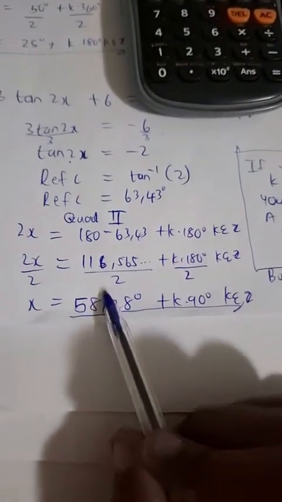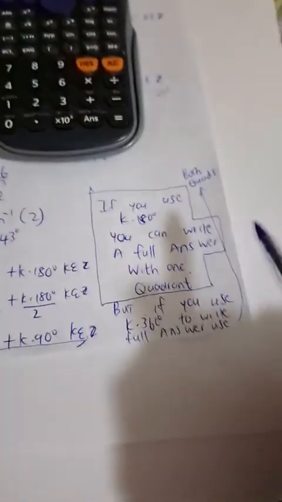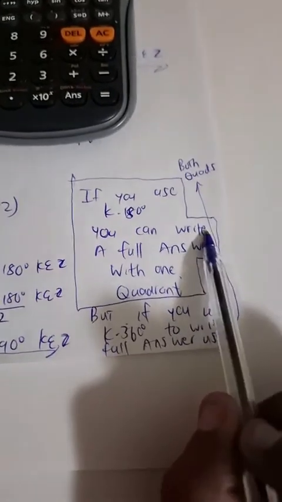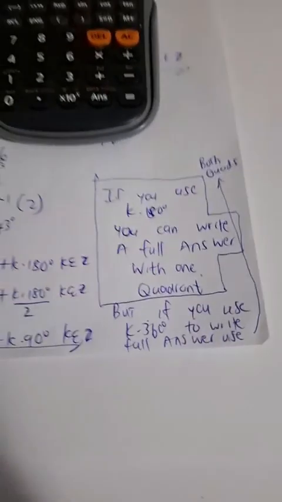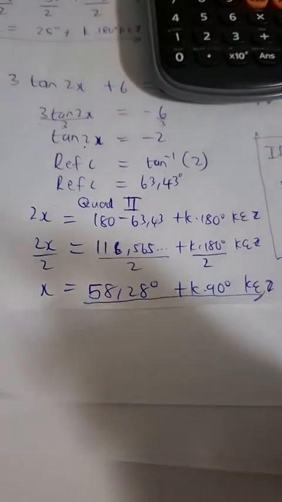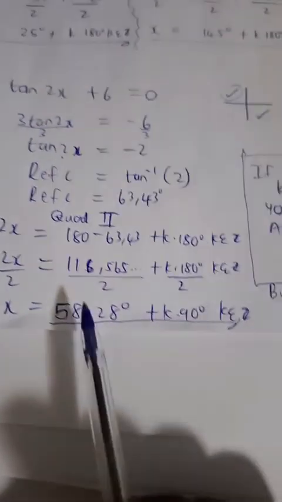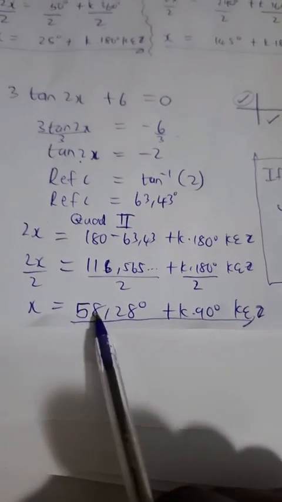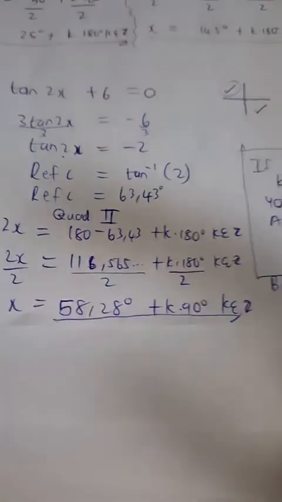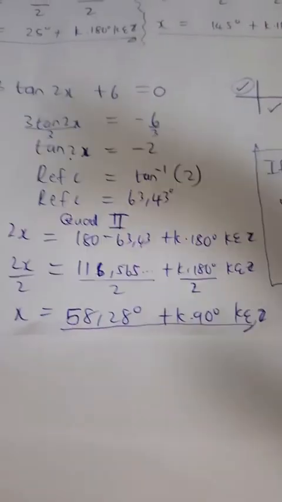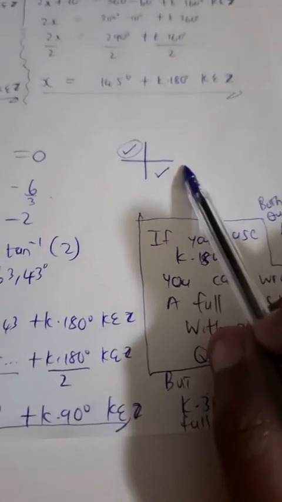This one answer accommodates everything. That's why I say if you use K180, you can write a full answer with one quadrant. This is the full answer that will accommodate every value. So you can basically find all the values using this one quadrant. You don't need to write an answer for the fourth quadrant.